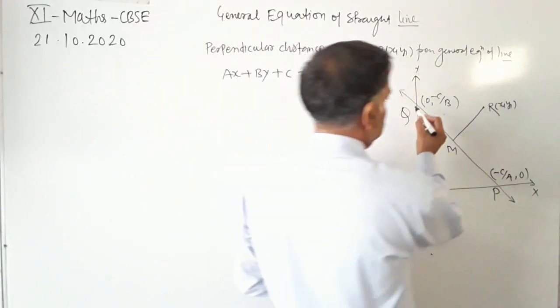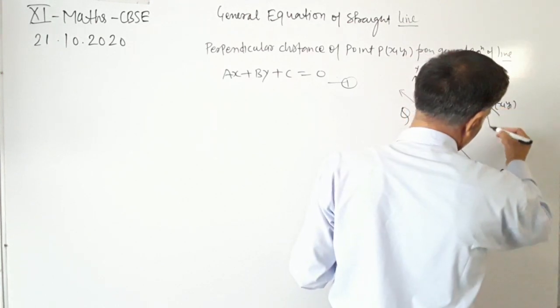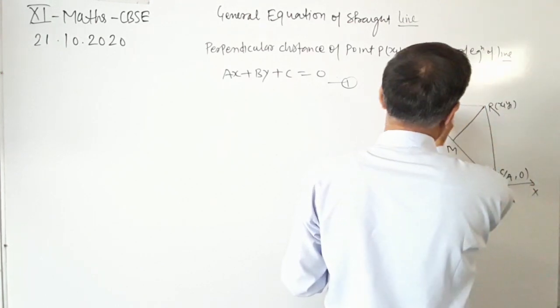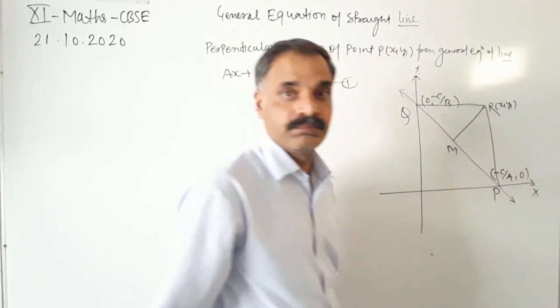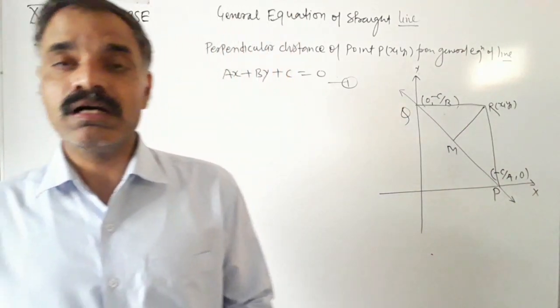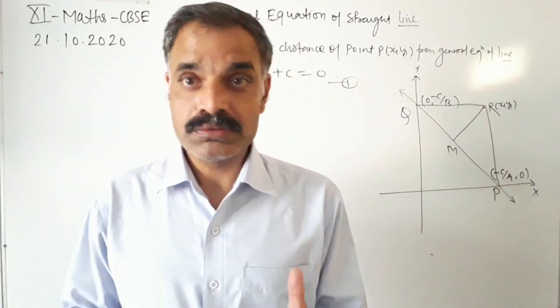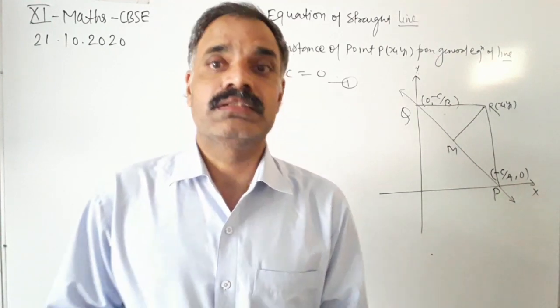Okay, so join this point to this and this point to this. We will have a triangle PQR. We will use the formula of area of triangle to find this distance.